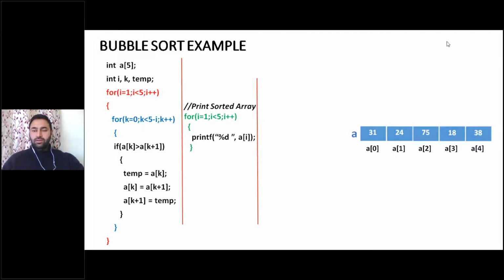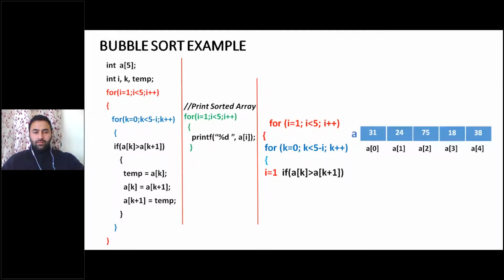Now let us see if it's working. See, for the first time, when the first pass will run, the value of i is 1. So the first element, the 0th element, a of 0 will be compared with the next element a of 1.